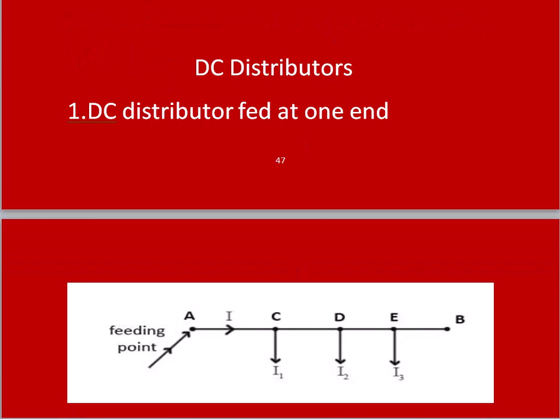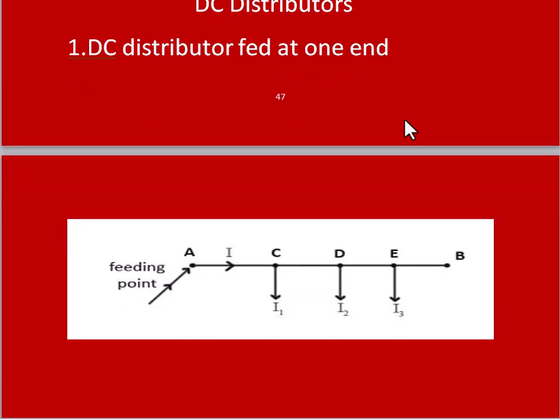Let me summarize once. So in this video we have seen what are the different types of distributors, and we have seen the types of DC distributors, and we have seen what are the numerical problems that comes from the DC distributors, what are the questions that can be expected from the DC distributors, and we also saw how to solve DC distributor numerical problems, and we have seen two types of questions.